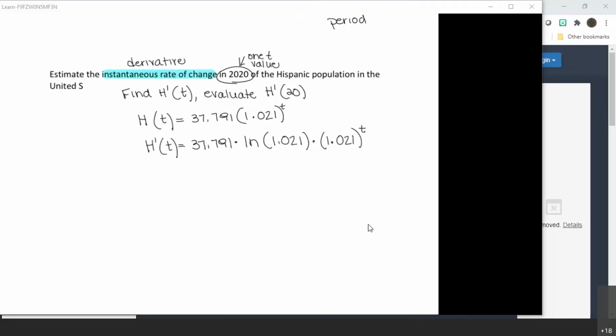Then all I need to do is evaluate this at 20. Wherever I see a t, I'm going to put in a 20. Just so you remember, this number out here as well as the ln are both numbers. There are no variables in here at all. The only variable part is here.